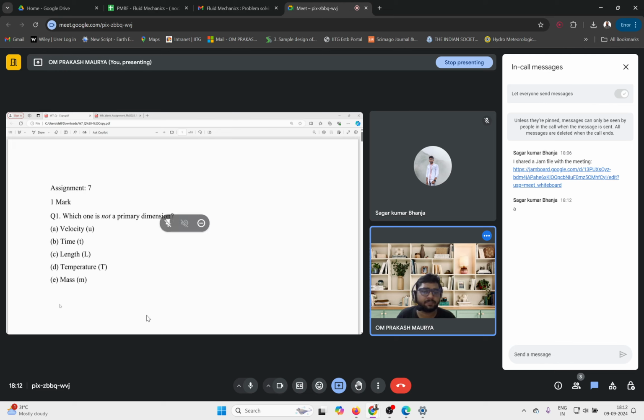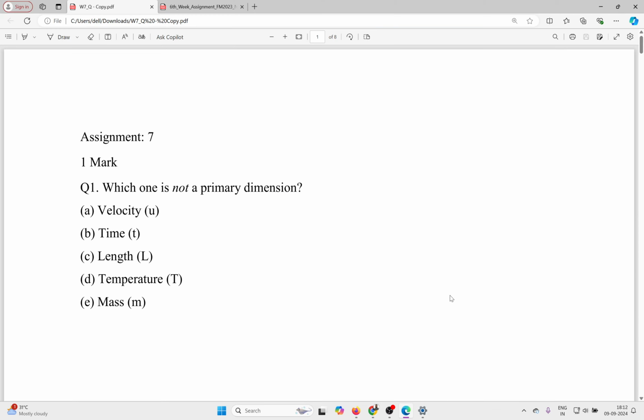Okay, good. So Sagar is telling the option A will be correct. Yes, definitely option A will be correct, because here asking the primary dimension, not a primary dimension.